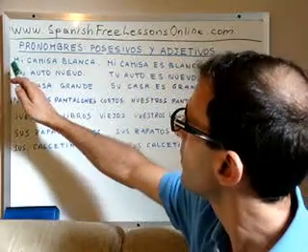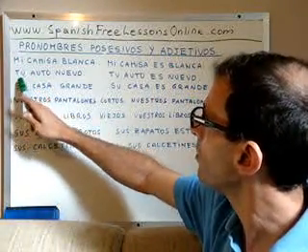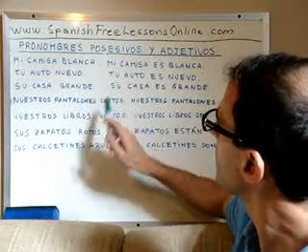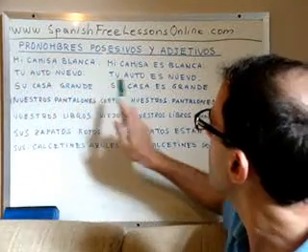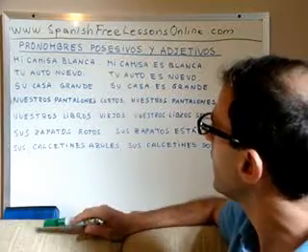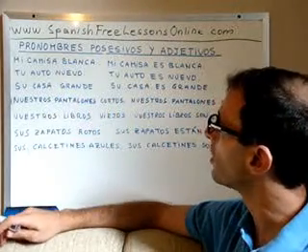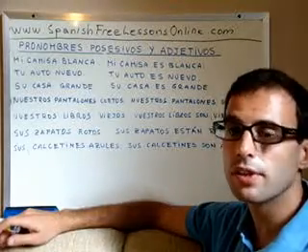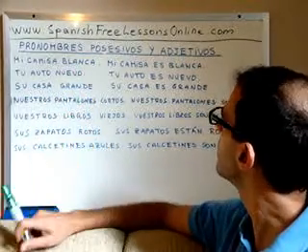So look at this. This is still, as we saw in the previous lesson, the pronombre posesivo, right? Here we have the nouns, and here, after the noun, we are placing the adjective, okay? Blanca, nuevo, grande.